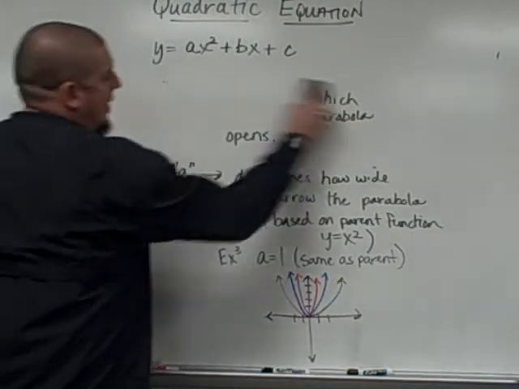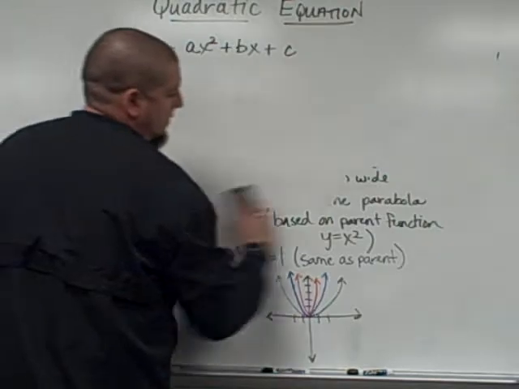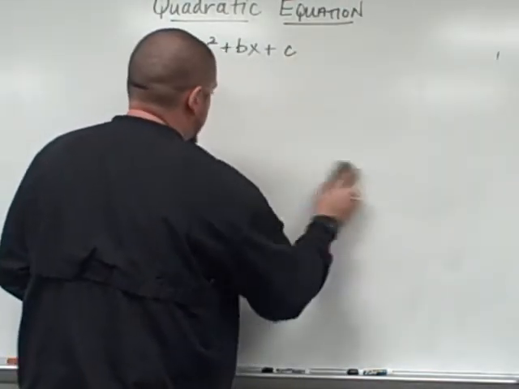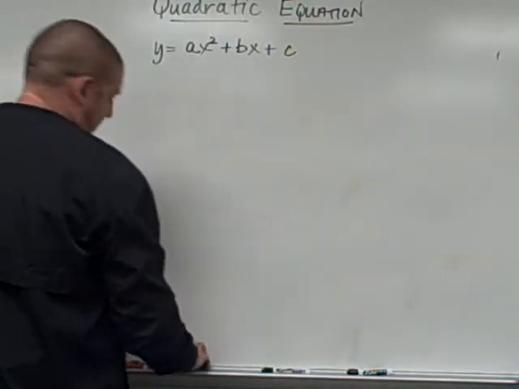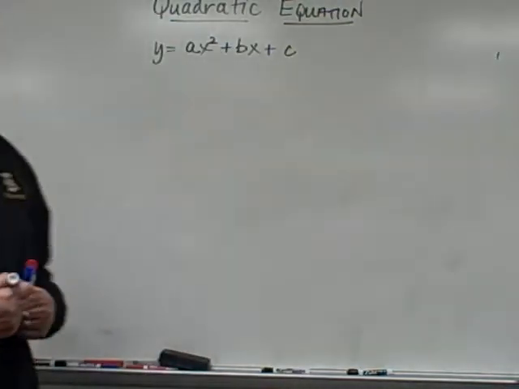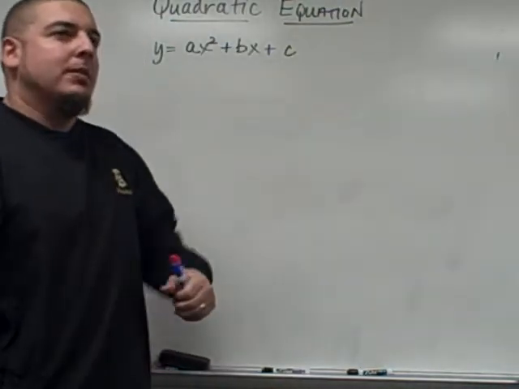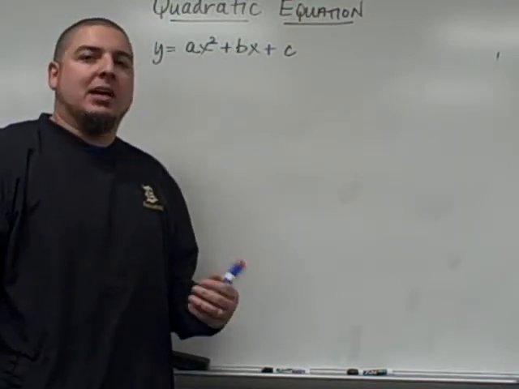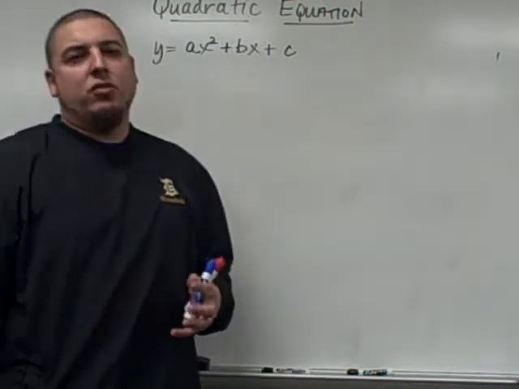Let me erase this. Let's talk about what B does. Okay? And we're only going to briefly put a few notes up here about B because we don't really talk about the B part in Algebra 1 a whole lot. It's going to come back later when we talk about vertex form in Algebra 2.